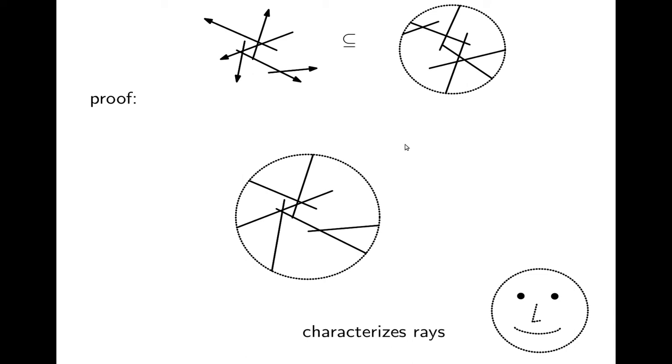And this also characterizes rays, so if you have a ray intersection graph, you can always find such an outer segment drawing such that if you take the line arrangement induced by the segments, then all intersections of the line arrangement are in the circle. Okay, this is the characterization of rays.